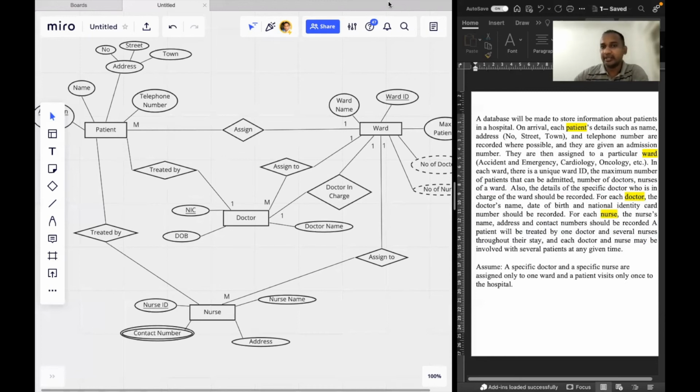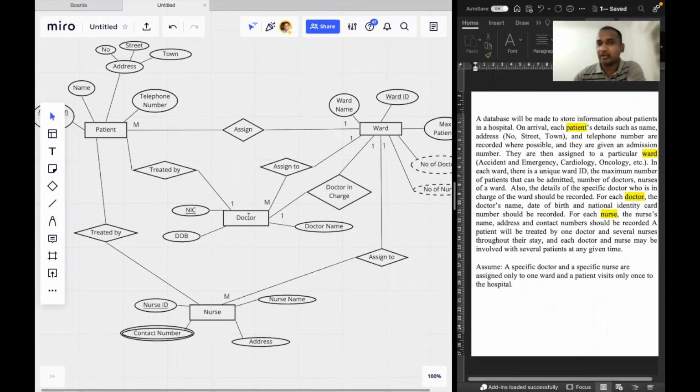Now you have to think that sometimes that information is not available in the scenario. Then you have to take it in the usual way. So if you take one particular doctor, usually a doctor can treat many patients. But if you take one patient, there is only one doctor available.